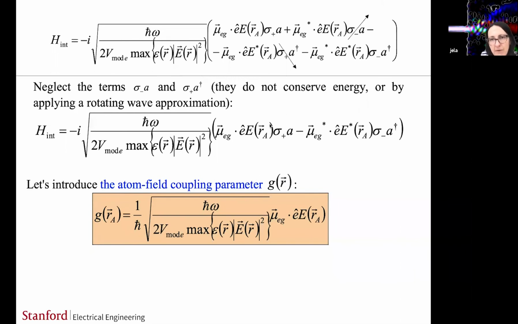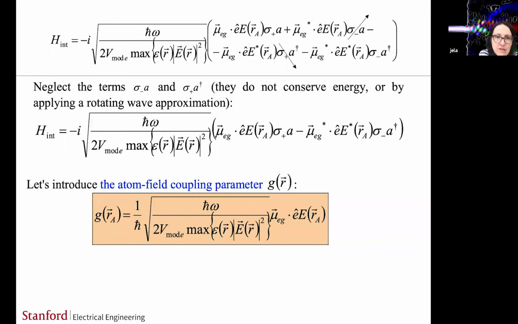So we group everything here as G. Again, this G is position dependent, but we only calculate it at the position of the atom because that's where we evaluate the atom. That would be 1 over h bar, this term here, everything here, right? Times this dot product between dipole moment matrix element and electric field, right? And clearly here, if this is G, then this would be G complex conjugate, okay?